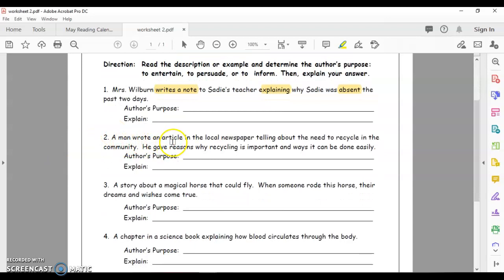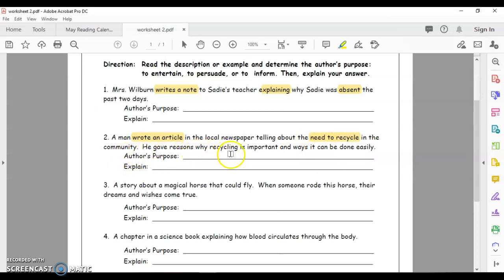a man wrote an article in the local newspaper telling about the need to recycle in the community. He gave reasons why recycling is important and ways it can be done easily. Okay, so let's highlight your important information. We have a man who wrote an article in a local newspaper telling about the need to recycle in the community.